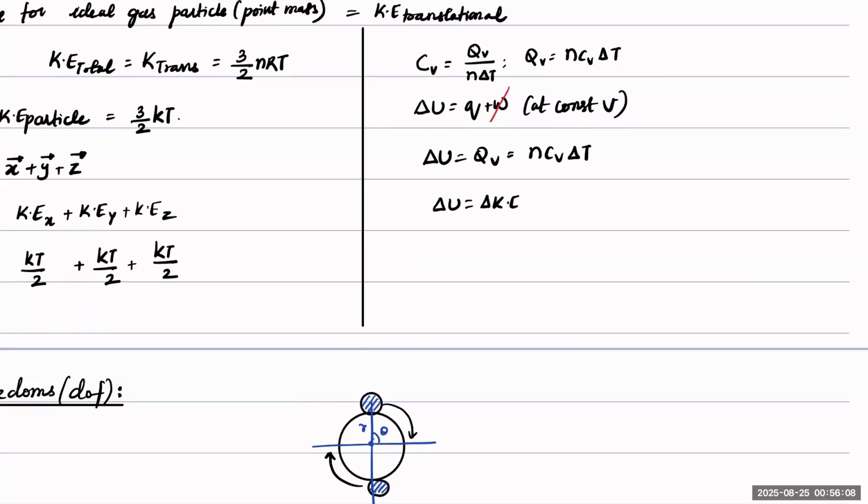In terms of kinetic energy change, I can write it as 3 by 2 nR into delta T. Now if I equate this to nCV delta T, n will get cancelled. So what are we getting? I'm getting CV is equal to 3 by 2 R.